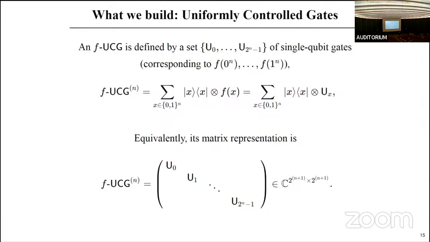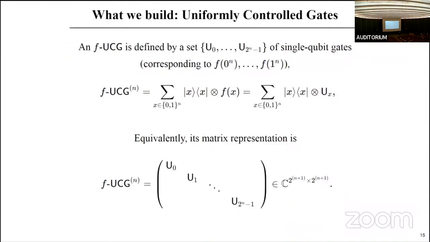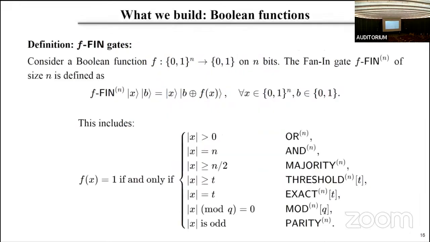As a subcase of this kind of gates, we have the Boolean gates, where you think of your U_x gate here being the Pauli X gate, and you end up with a Boolean function. This is what we call the F fan-in gate. You basically compute a Boolean value of your address, and you put it in your target. And this includes many Boolean functions like AND, OR, majority, threshold, exactly, mod, parity.